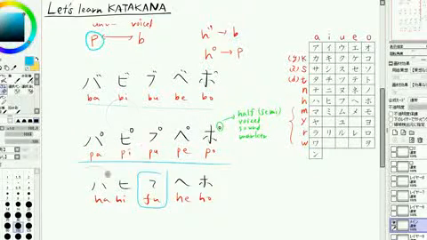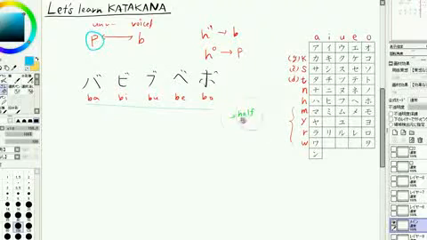Okay, now let's do some exercises with actual Japanese words. Now try to read these words.